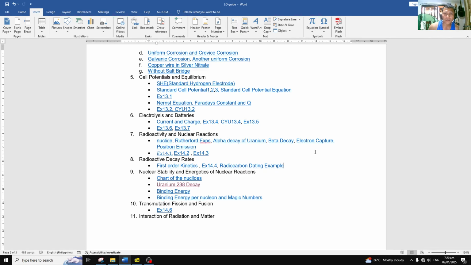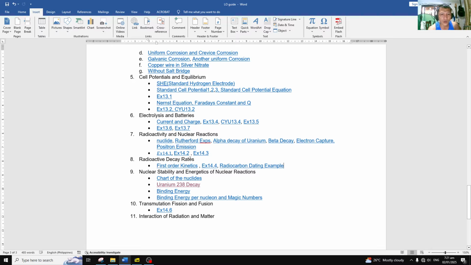So basically, the nucleus talks about the proton and the neutron. So if the proton is changed, there are also times that the neutron will change. So basically, the mass number, which is actually the proton and the neutron, will change. So those are the things there.